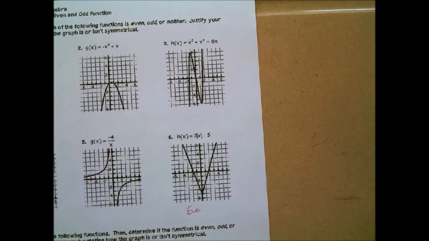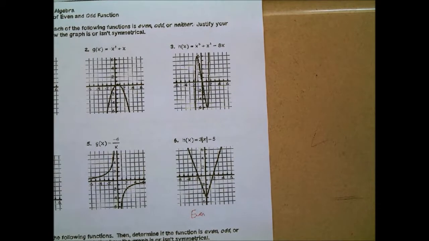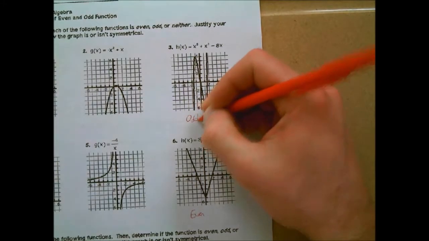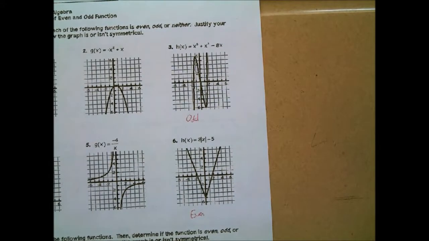Odd. It's odd, yeah. If we rotate it, it will be back onto itself when you do a 180-degree rotation. Okay, so hold on to that. All right, that'll be good review for you whenever we talk about even and odd again, if it shows up on a test or a quiz or something like that too.